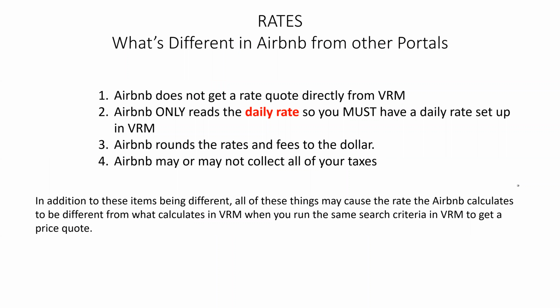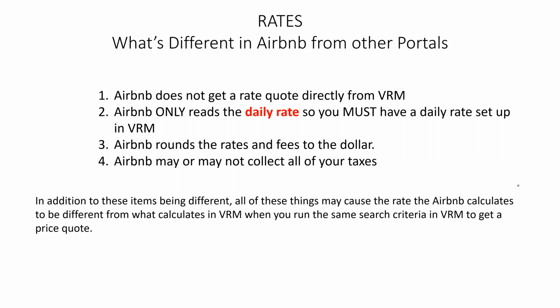One of the things that, well, several of the things that make Airbnb so different from other portals and a little bit harder to get the rates to reconcile is a couple of things. So first of all, they don't get a rate quote directly from VRM. Currently at this point in time, HomeAway does get a rate.